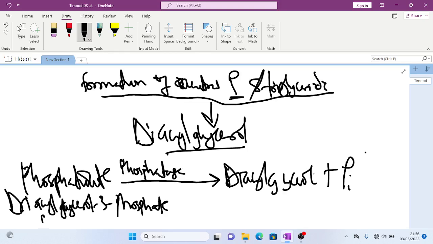So the phosphatidates that were formed can be used to make diacylglycerol, and the diacylglycerol that is formed can be used to make a neutral phospholipid and triacylglycerol. So let me just write down the equation.